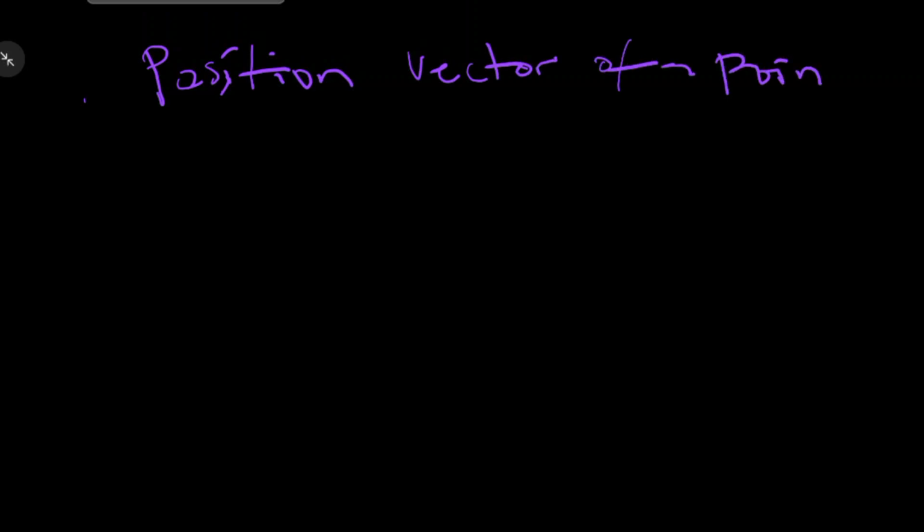with the position vector of a point. So this is a very specific type of vector that tells you exactly where a point is located relative to a starting point. That's the origin.